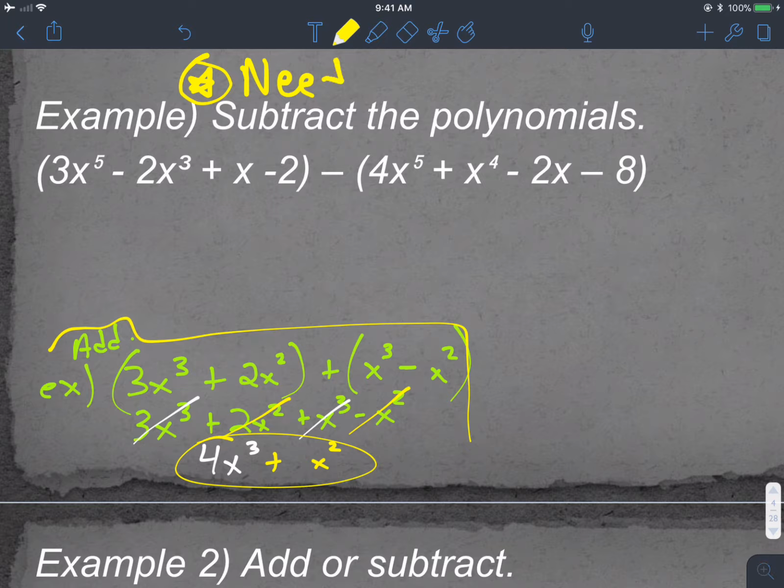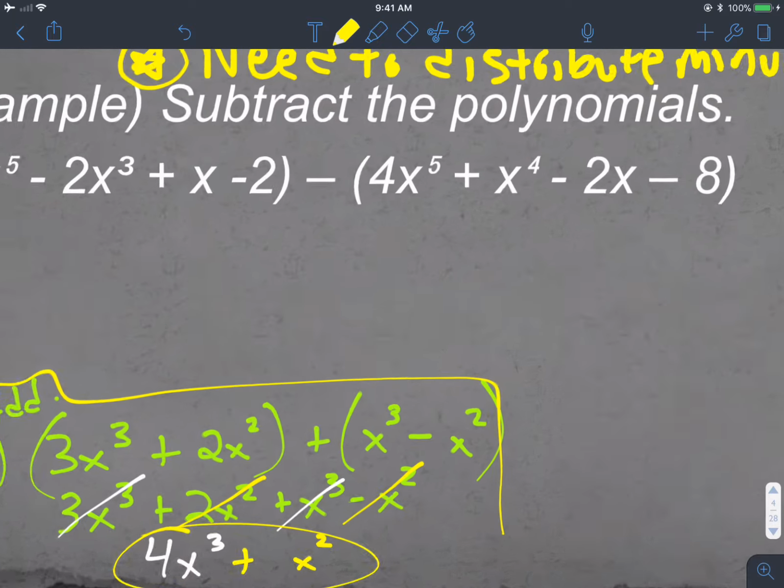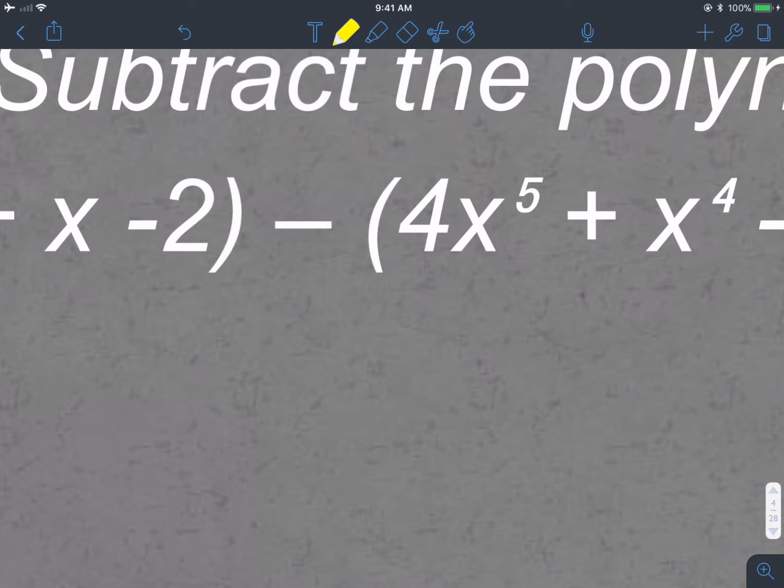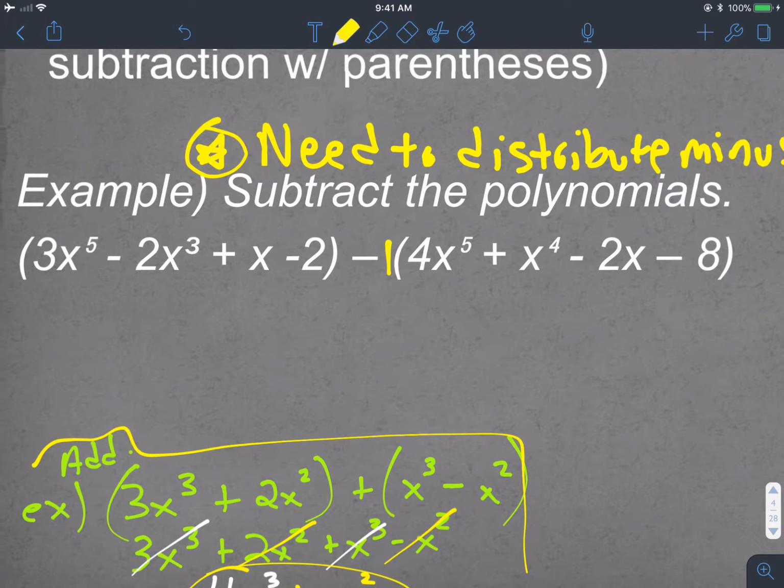Need to distribute the minus. Because remember, you can assume that there's a 1 in front of there. Same idea. So it's just negative 1 times everything? Put the minus on every single thing there.